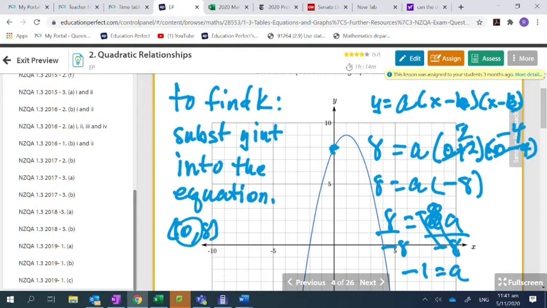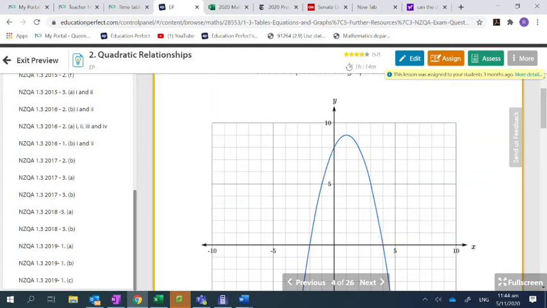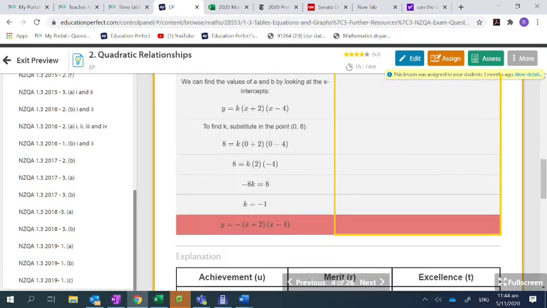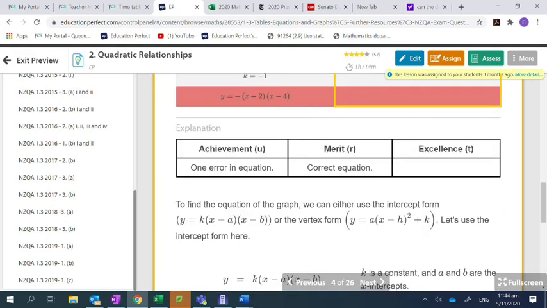Yeah. But is it one where you have to do this working just because you have to show your working? Okay. Pretty much. Okay? All right. So there's our negative 1, so that just puts a negative in front of our thing. And that correct equation is a merit. Yes.